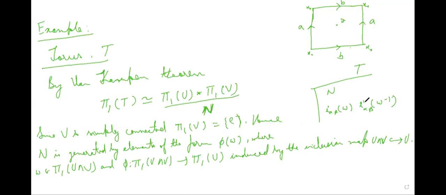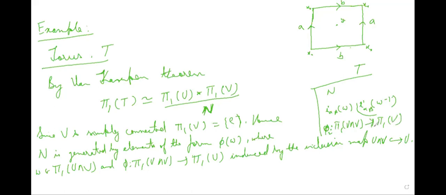Because the other one, I alpha beta, right? If you consider the homomorphism induced by the inclusion map of this into V, that induces the trivial zero homomorphism, from pi 1 of U intersection V to pi 1 V, because pi 1 V is trivial group, right?